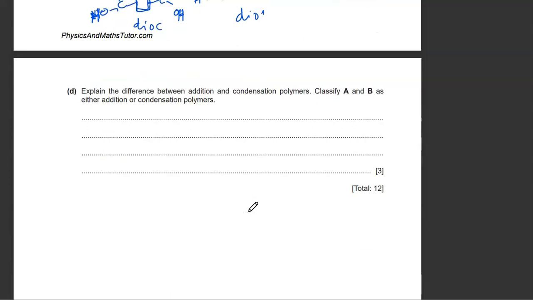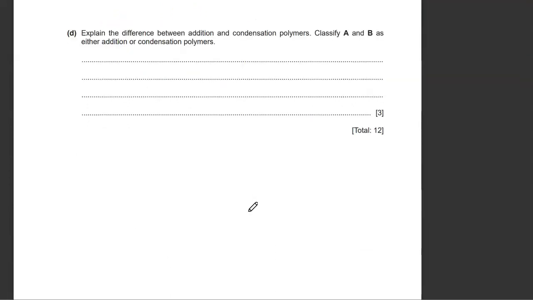Let's say this one more: the difference between addition and condensation polymerization. We looked at it in the previous question and I helped you out, but now I want you to really state it yourself. In condensation polymerization, two different functional groups are needed, but in addition polymerization, one group can form a link with itself.